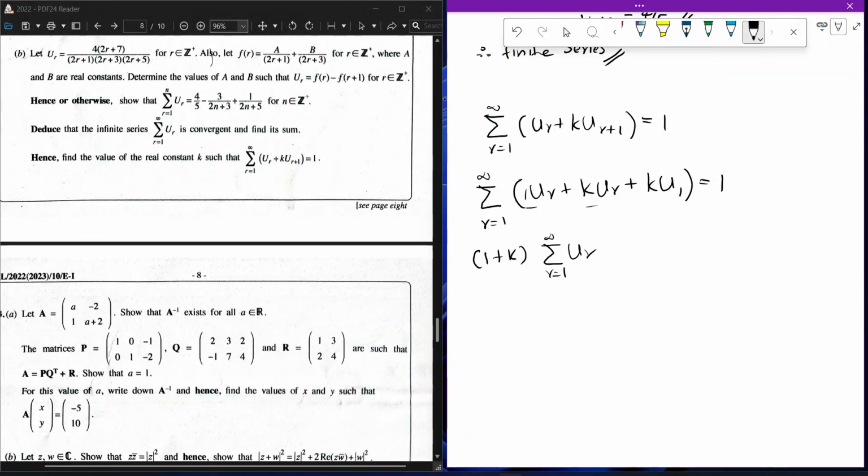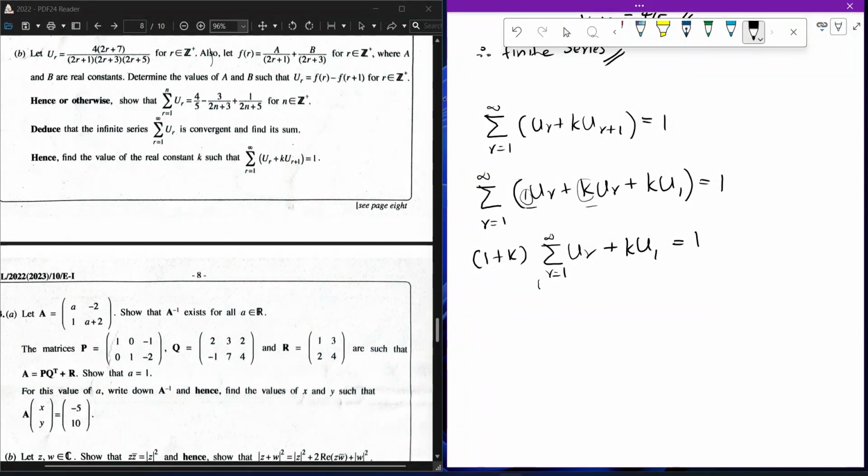Okay, with the sigma we took the 1 and the k out, and then bind this with this particular sigma notation. Then finally you must add this part, minus k u_1, equals 1.